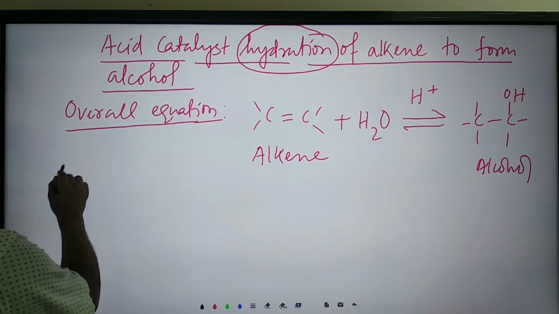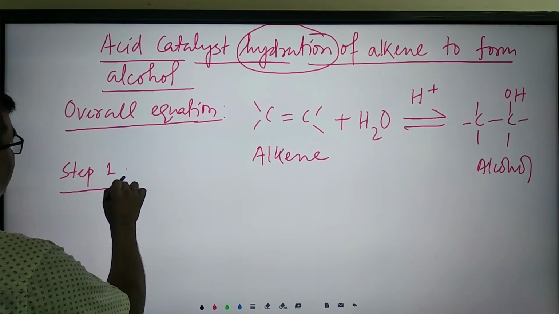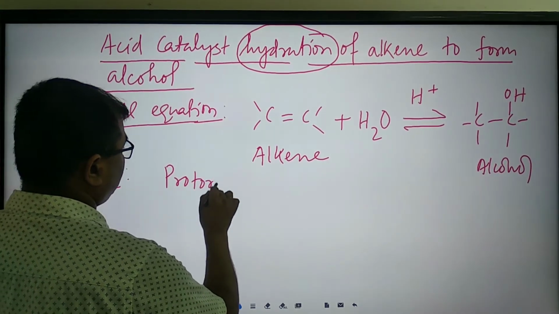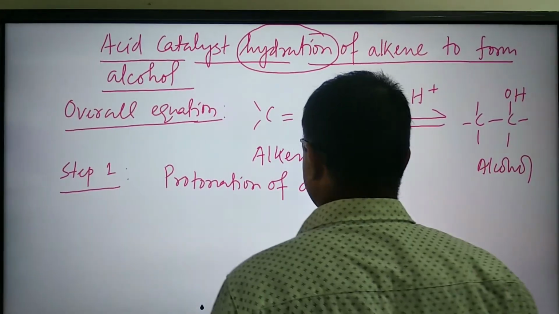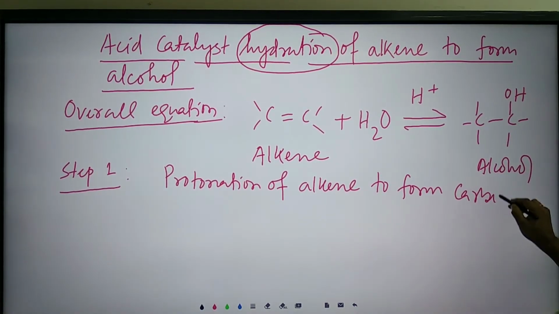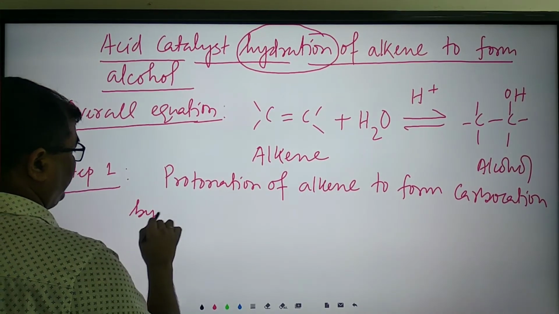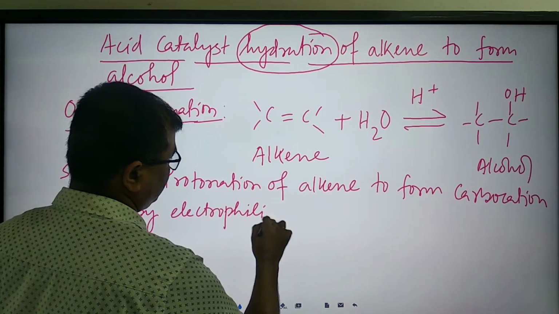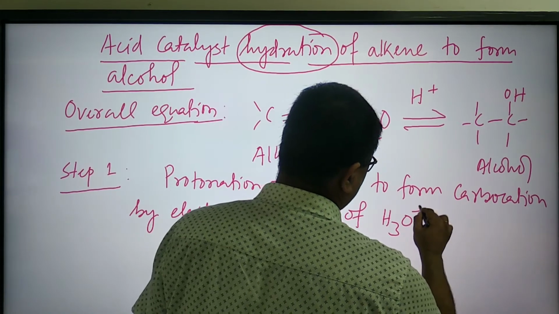So my dear student, this reaction mechanism takes place in 3 steps. What is step 1? Step 1 is protonation of alkene to form carbocation by electrophilic attack of hydronium ion.